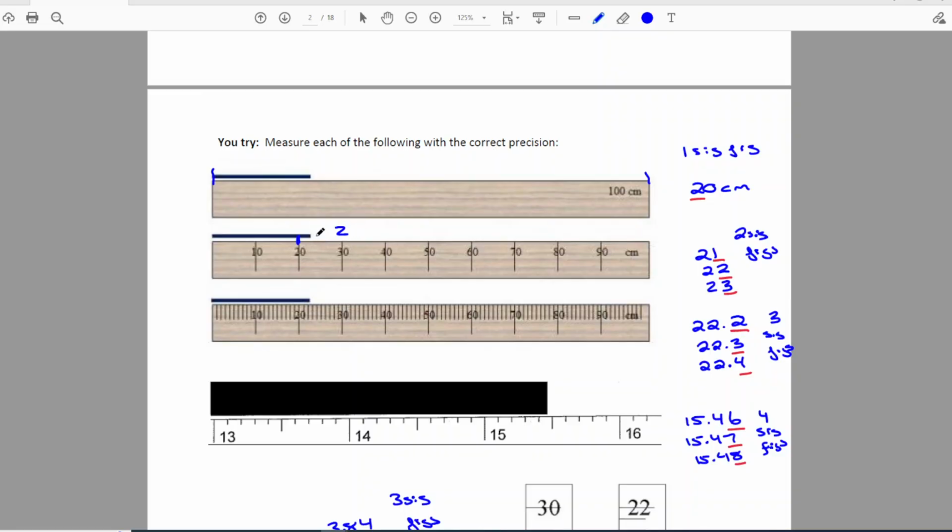So this one we said 21, 22, 23. Whereas if it had been right on that line, I could have said, hey, this is exactly 20. So the difference is whether you're estimating the 2 in the 20 or whether you are estimating the 0 in the 20. That'll determine whether you have, for this one, 1 sig fig versus 2 sig figs.